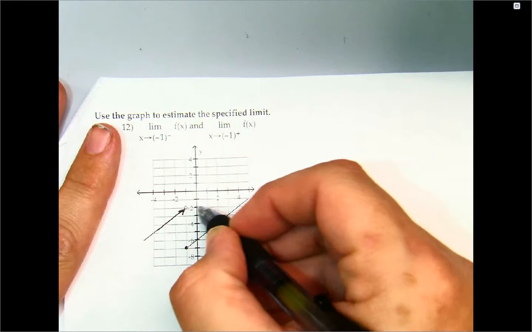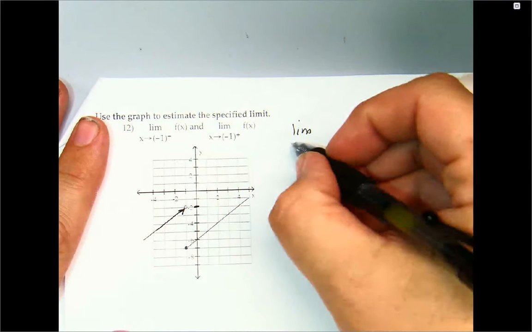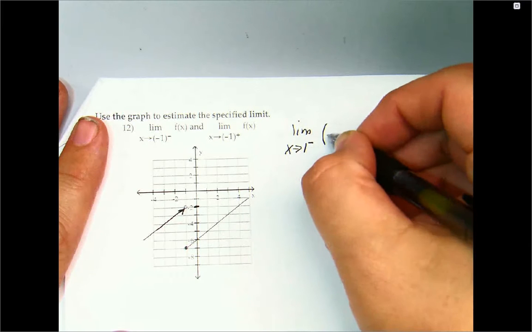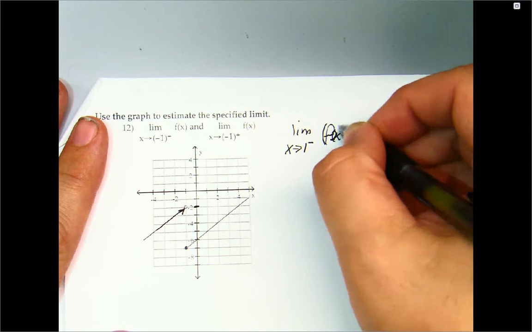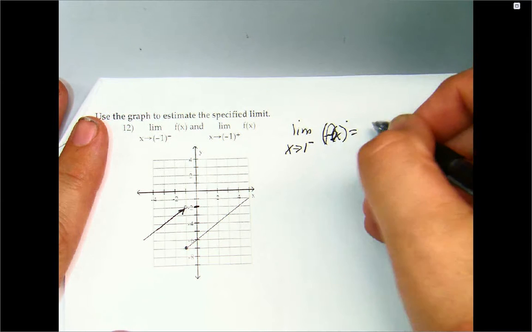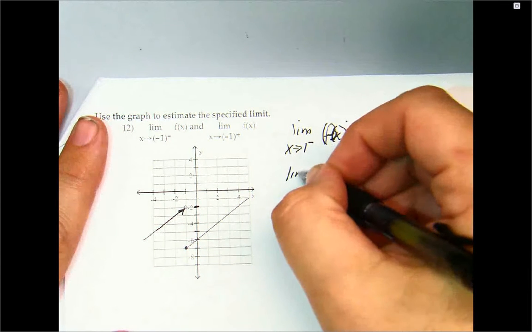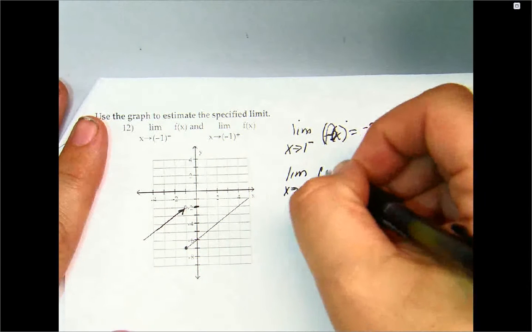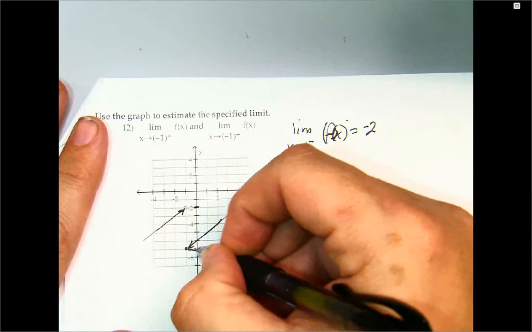So the limit as x approaches 1 from the left of f of x, sorry, I was already looking forward to the answer, I do that a lot, is -2. Now the limit as x approaches 1 from the right of f of x, there it is, it's going towards -7. So we get -2 and -7.